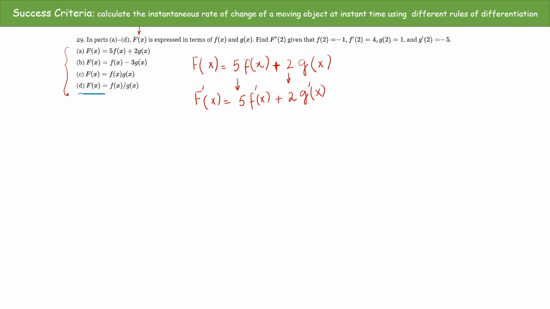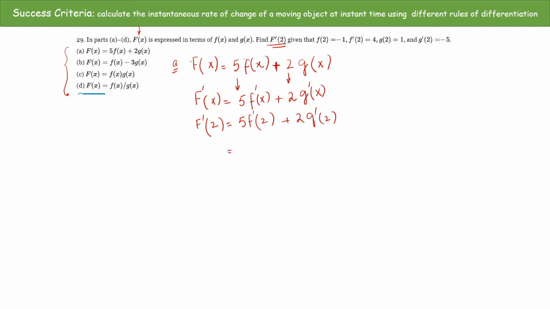Now you have to find F prime of 2. In order to find F prime of 2, we have to replace all the x by 2. So we will write f prime of 2 and 2g prime of 2. Now just replace your data.